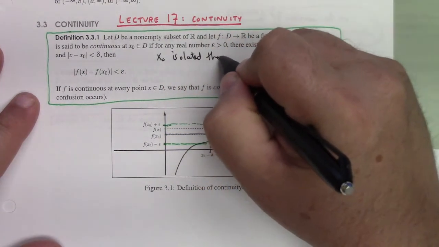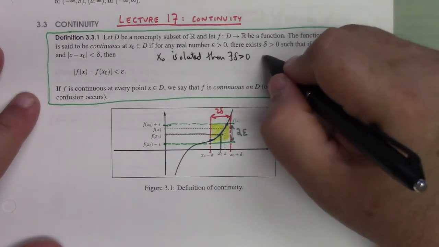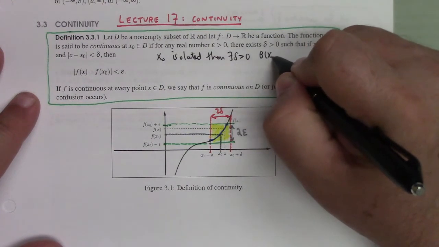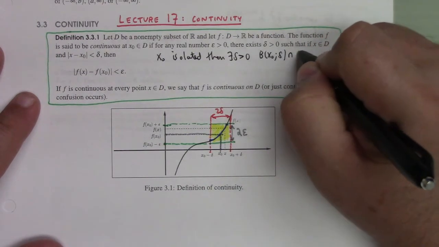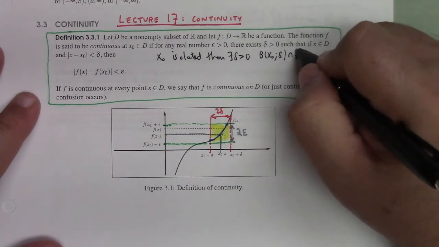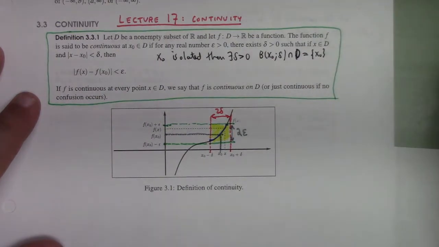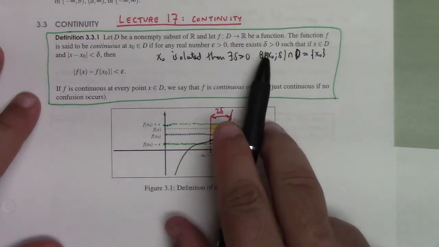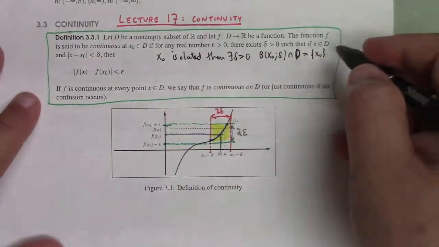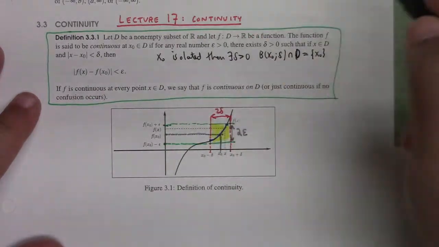Then there exists delta greater than 0 such that B of x naught; delta intersect with the domain in question D is just the singleton, right? And so if you pick a delta greater than 0 such that x is in D, then this condition line right here reduces to, what does it say?